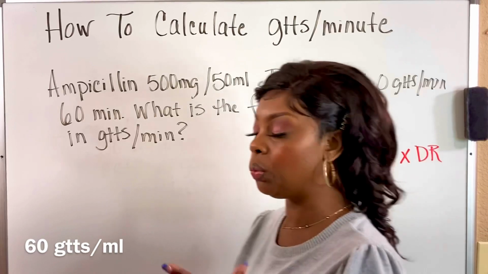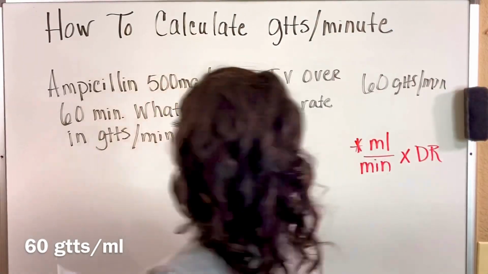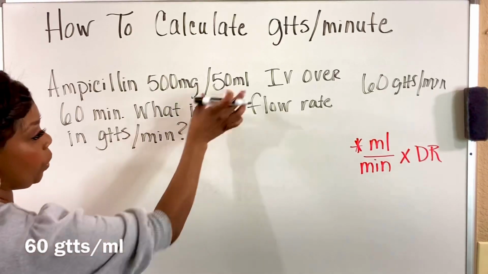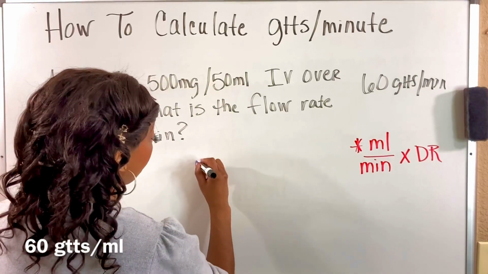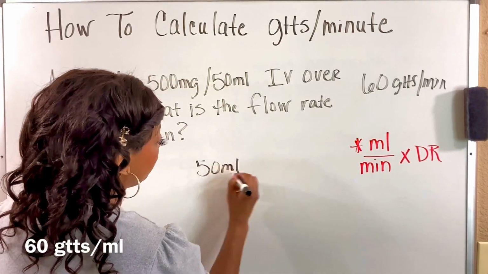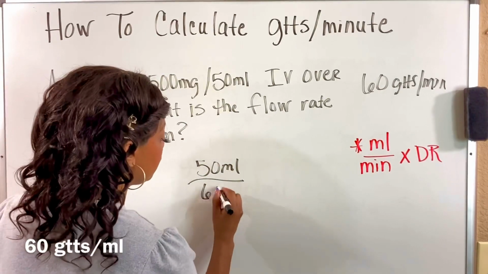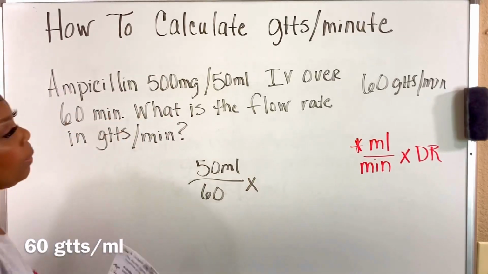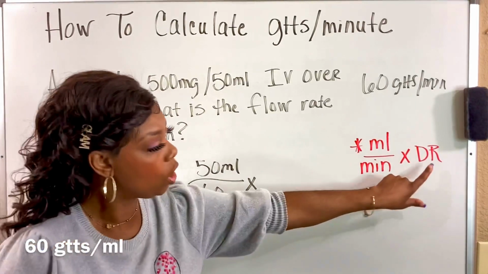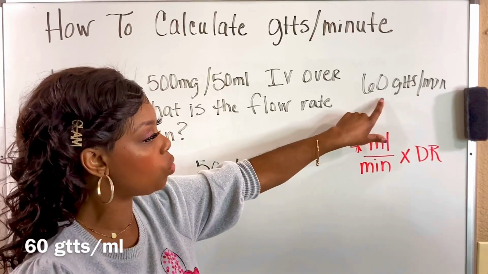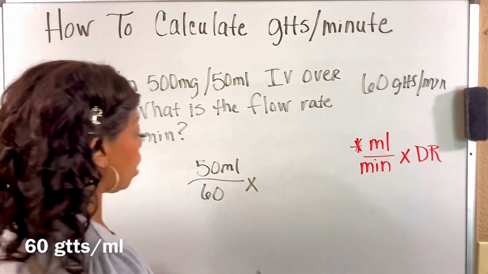But this is really just for nurses. Okay, so we're going to pull out our milliliters, which we can see here is 50 milliliters. How many minutes do we have? We have 60 minutes. We're going to multiply that times our drop rate, which we have set this IV to deliver, 60 drops per minute.